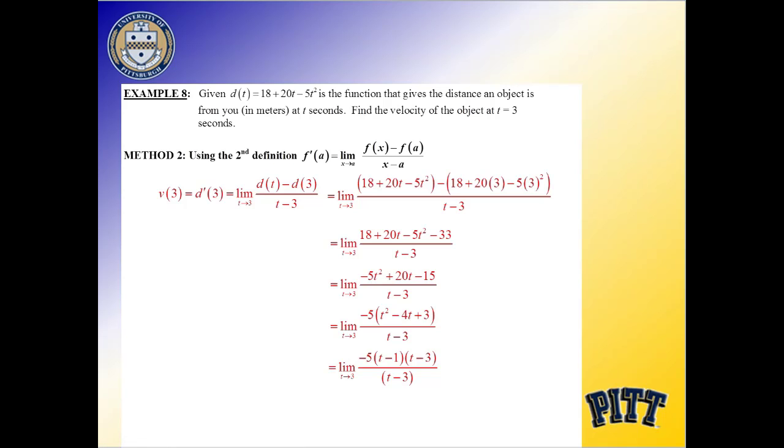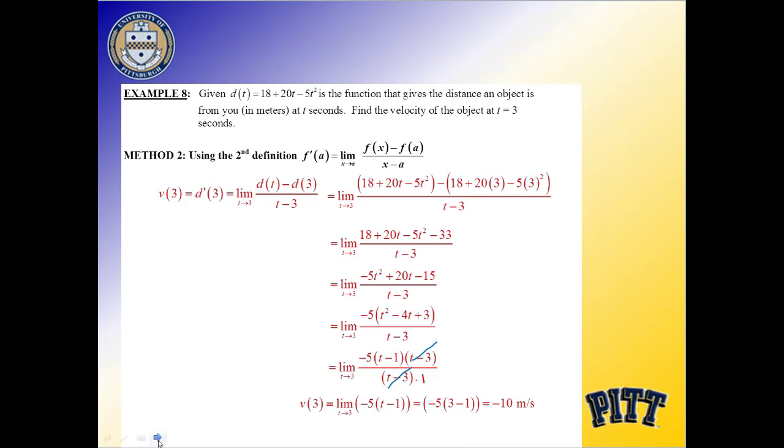On the bottom, you don't notice it as much because it's being multiplied by 1. So now I can do the cancellation, which I show there. That leaves me with v of 3 equaling this. Now that I've caused that cancellation, I should no longer get 0 over 0 when I put 3 in for t. So I put 3 in for t, and I get the same negative 10 meters per second.